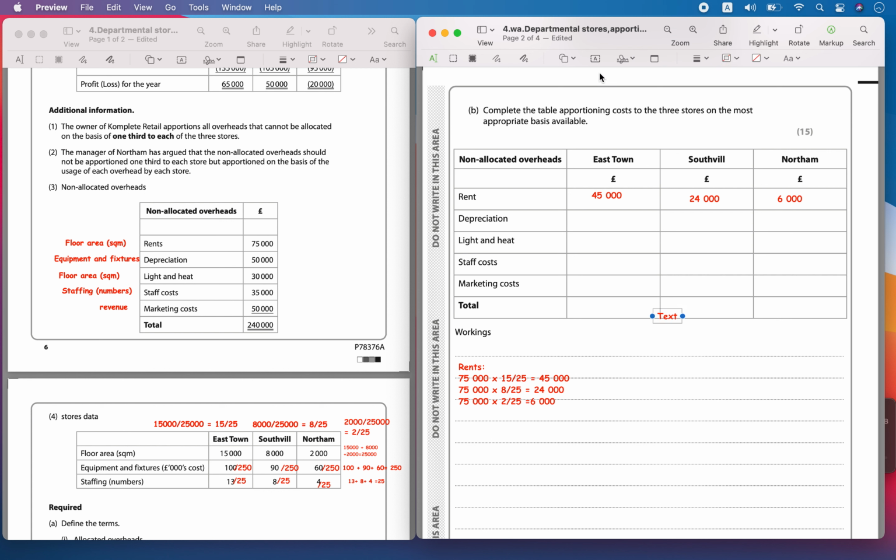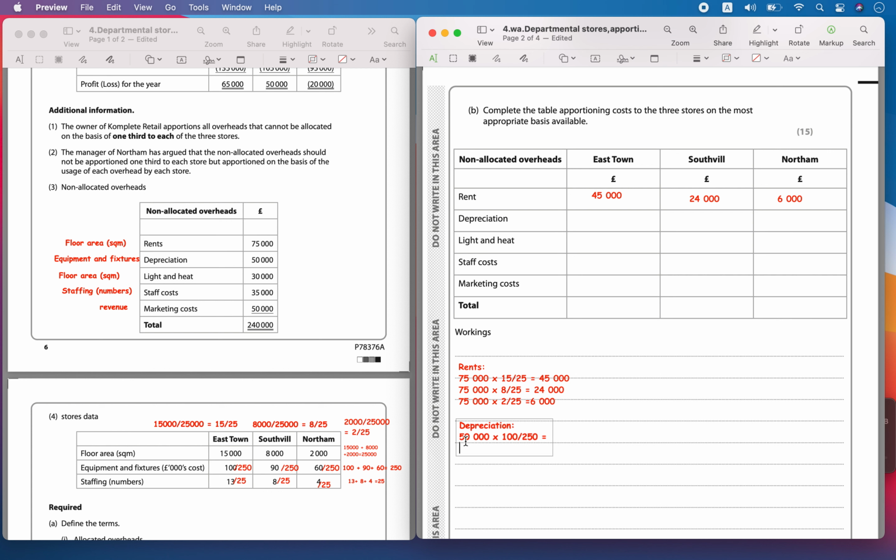Next, how is the depreciation cost going to be split? The total depreciation cost is 50,000, times, based on the equipment asset it's using, 100 divided by 250.